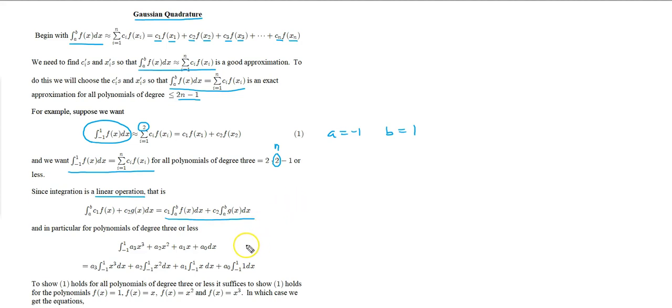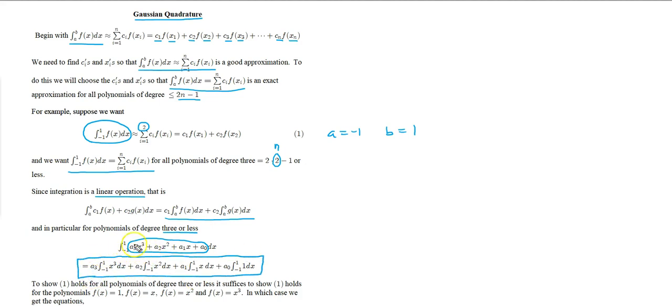Now, in particular, for polynomials of degree 3 or less, notice right here we have the definite integral from negative 1 to 1 of a polynomial of degree 3, and we can break it up like this down here.